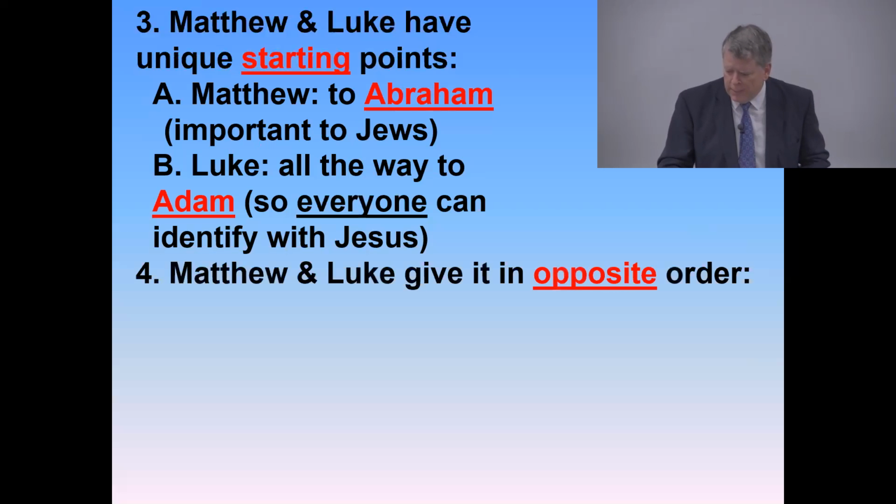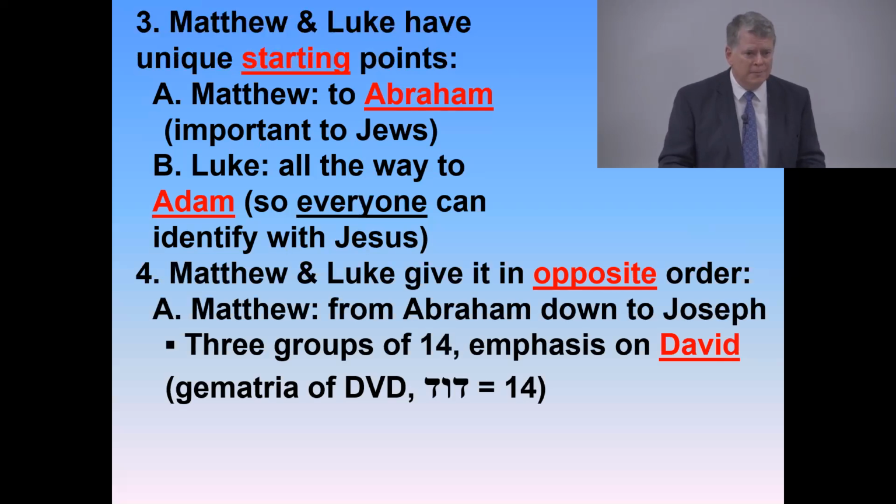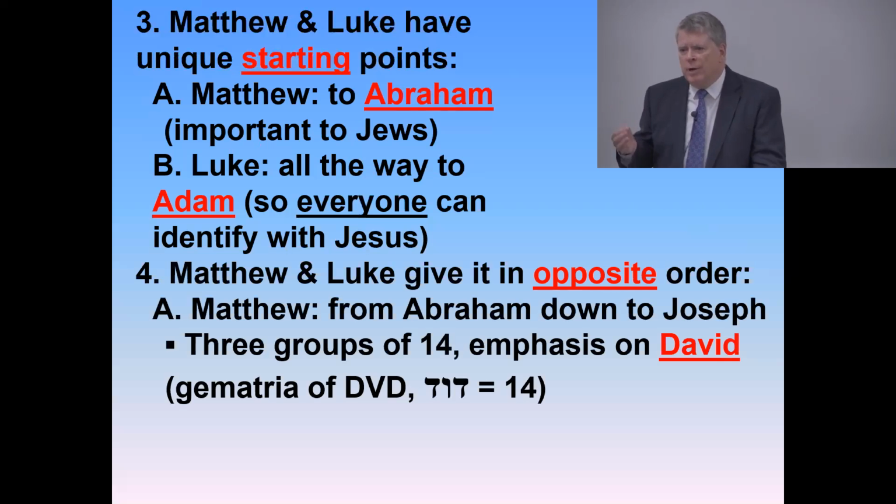All right, and we mentioned the opposite order. I'd just like for you to give that back to me before I give it to you. Matthew writes these in 3 groups of 14. Why? Well, in every ancient language, they had a number attached to each letter. Usually the first letter was 1, second letter 2, etc. Babylonians were an exception. They counted by 6s.